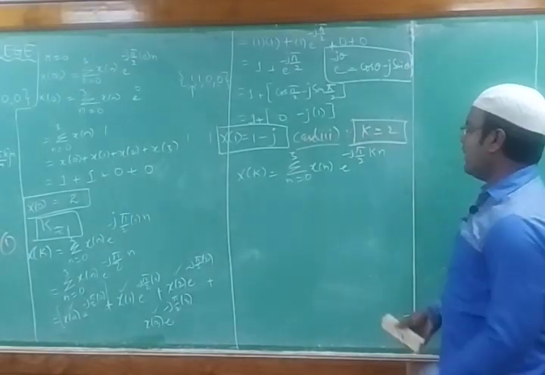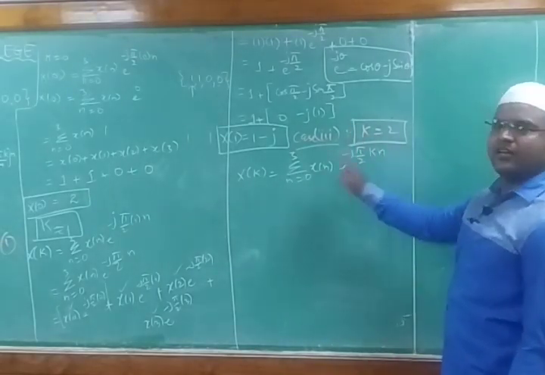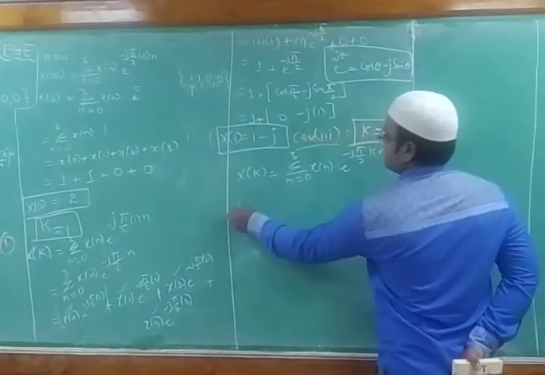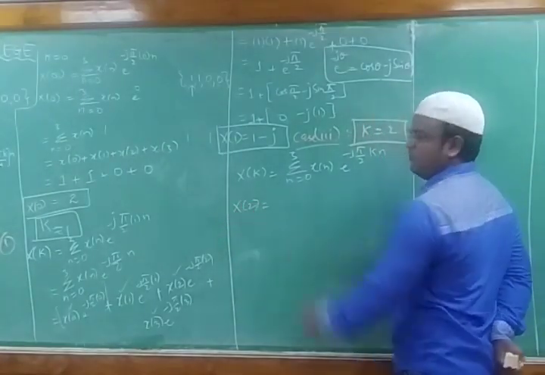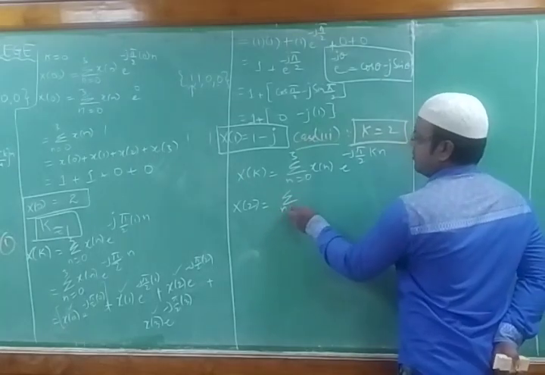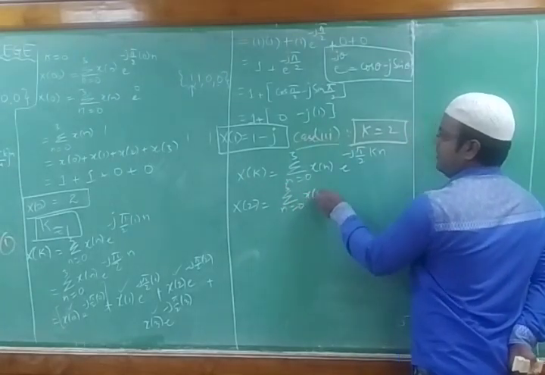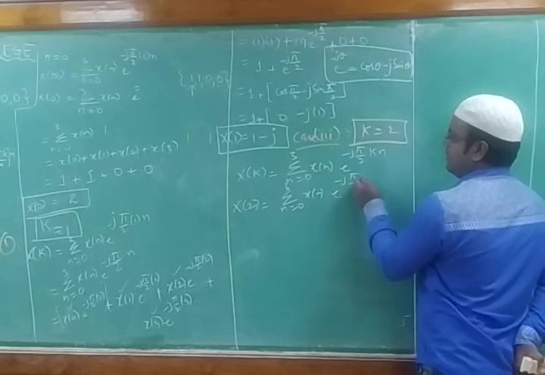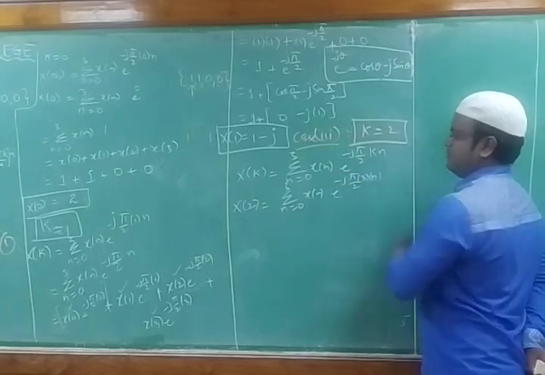Right? So we do have this thing. So wherever k is there, that number we need to replace by 2. So capital X of 2, summation n is equal to 0 to 3 x of n e power minus j pi by 2, this 3 into n as it is.